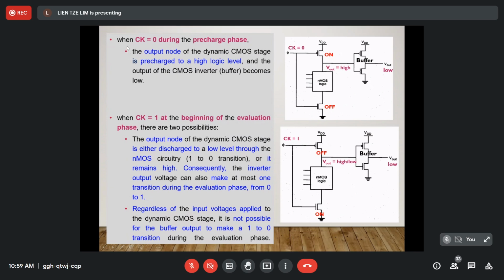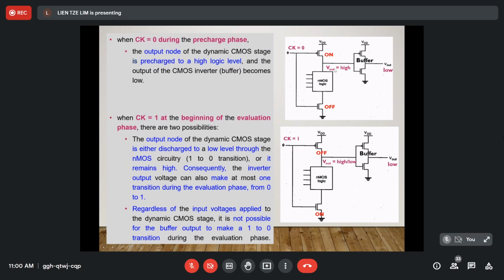So there are two operations. One is when the clock is low, and we call it the pre-charge phase. The output node of the dynamic CMOS stage is pre-charged to a high logic level, and the output of the CMOS inverter becomes low.